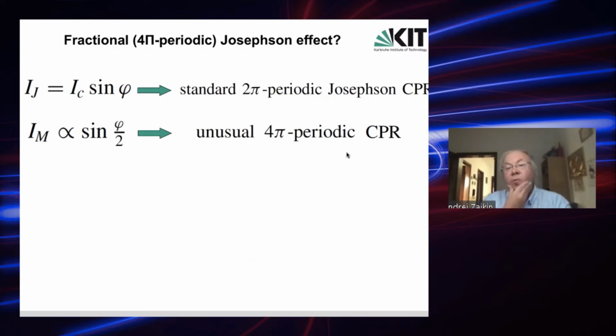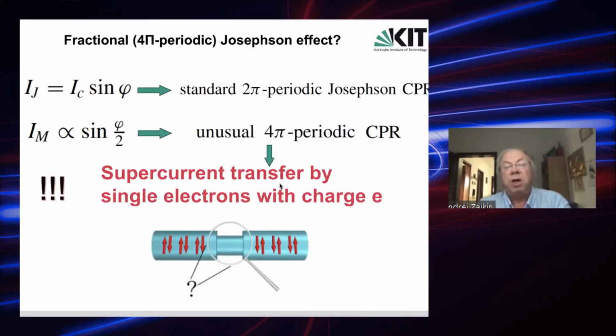Now, although it might look innocent to some of the people, in fact, it's not so innocent, because if you think a bit about this, you are bound to conclude that in the case you have 4-pi periodic dependence, the supercurrent between two BCS superconductors is carried by single electrons with charge e, rather than by Cooper pairs with charge 2e.